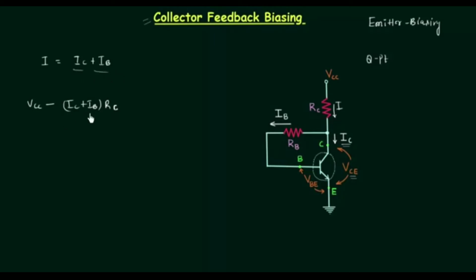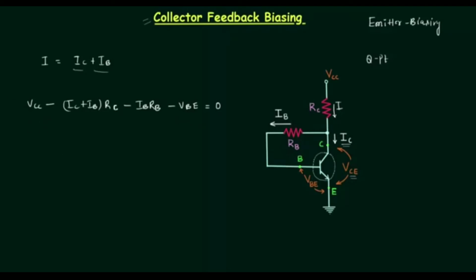So we have (IC plus IB) multiplied with RC minus IB multiplied with resistance RB, drop across this resistance, minus VBE equal to 0. So this is the equation, and we will try to calculate the current IB using this equation.